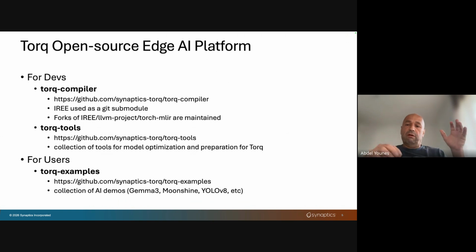We have a CMake subsystem, which we call the IREE CMake subsystem, and we set up the defaults that we need for our project. We also maintain a fork of IREE, a fork of LLVM project for MLIR, and also Torch MLIR, because we need some patches for a number of models that we are maintaining.